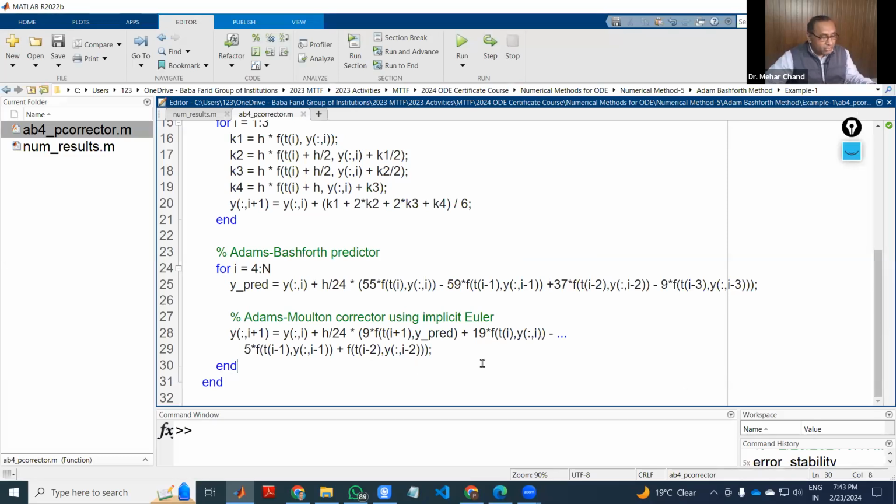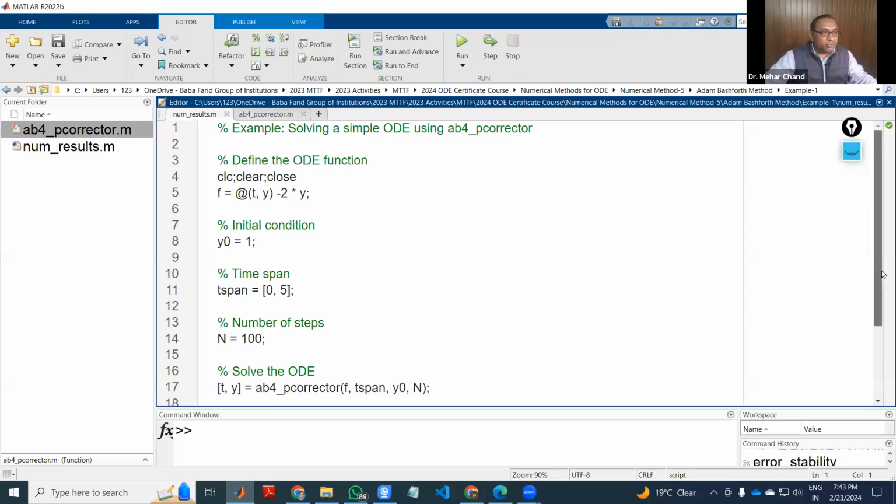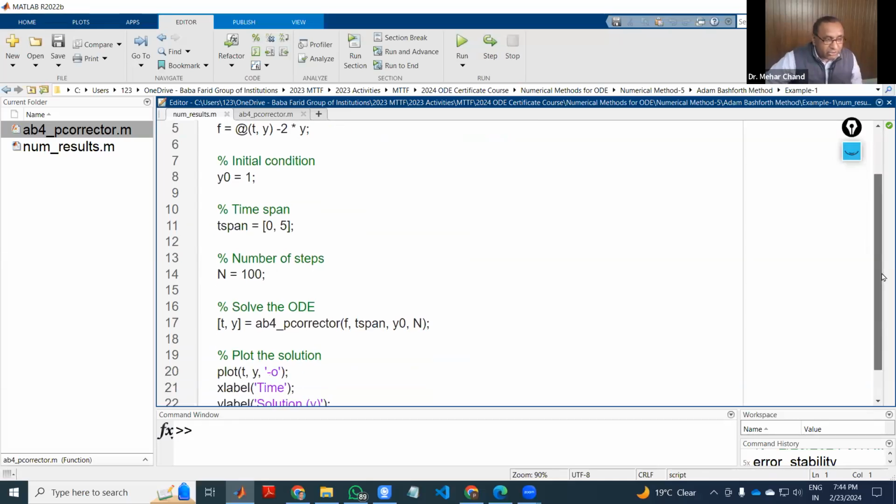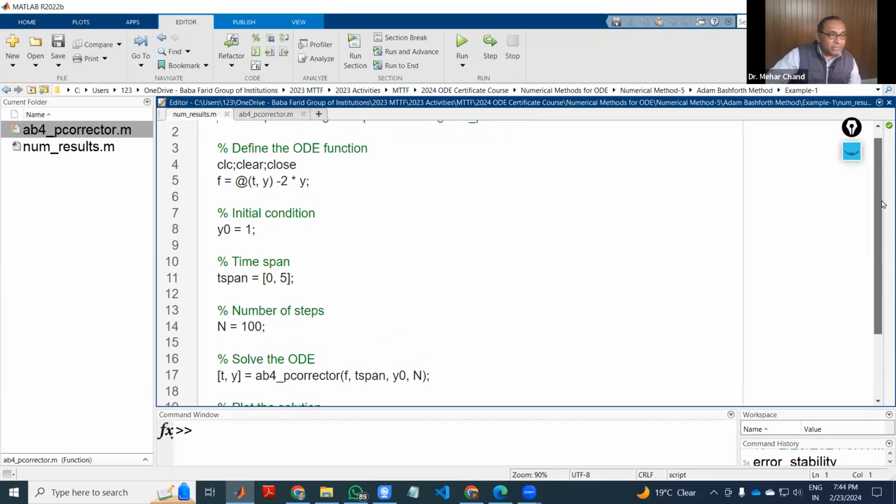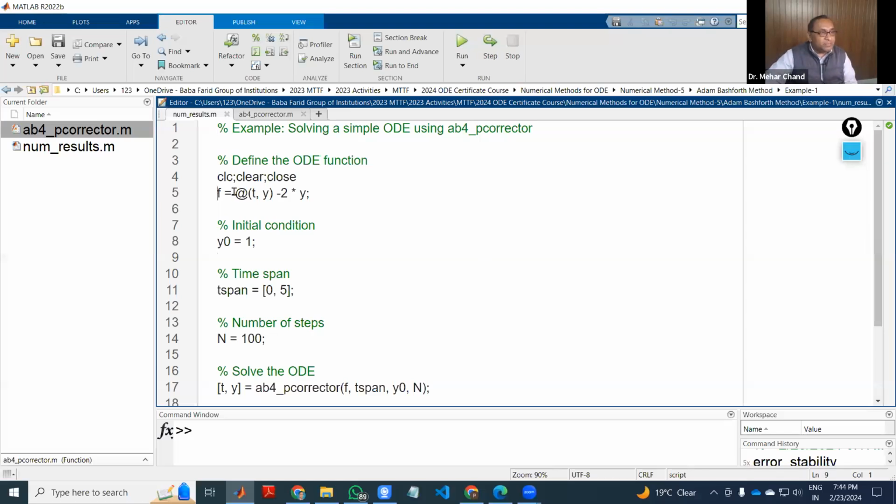Okay, and after saving the file, you can come to this place to implement it to solve any differential equation using this formula, this method. Okay, so we are choosing at this place the f function, dy upon dt.